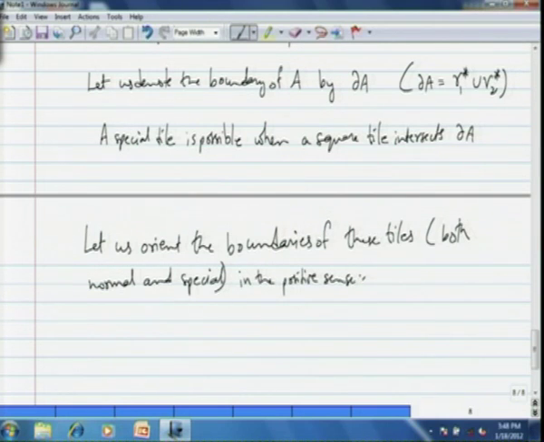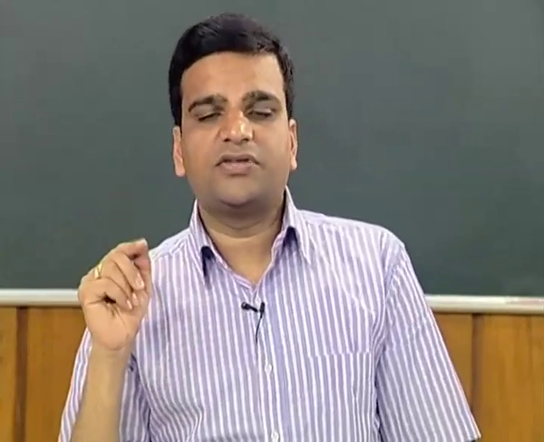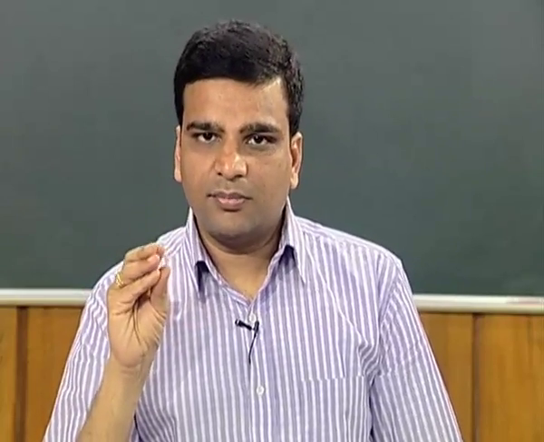For a normal tile it is easy, you just consider the counterclockwise orientation of the boundary of the square. But for a special tile, I just mentioned that the number of pieces or the number of components of the boundary could be more than one. Nevertheless, each of them we will orient in the counterclockwise sense.